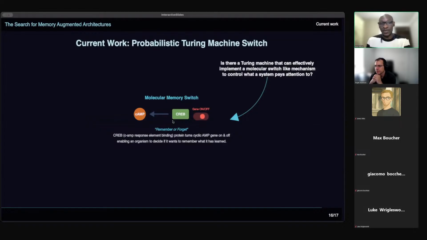Then I encode that in the system, and the probability part of the system will help me decide whether to go right or left. So the goal is now to see how we can implement such a system using a Turing machine.